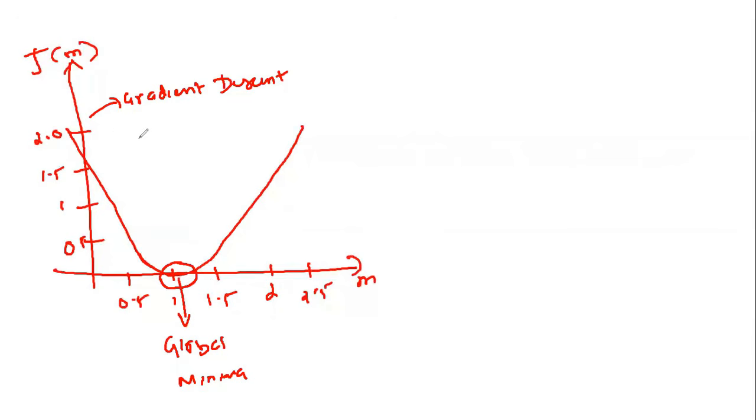So for that, initially, suppose I consider that based on some M value, I got my initial point somewhere over here. So when I get my initial point over here, that basically means that I have to move downwards, right? So in order to move downwards, I will basically write a theorem which is called the Convergence Theorem.